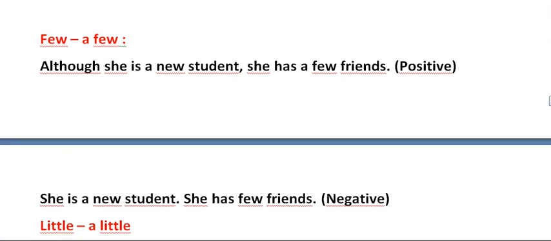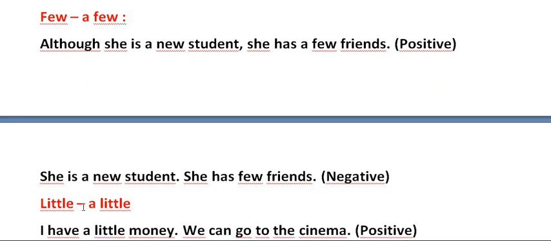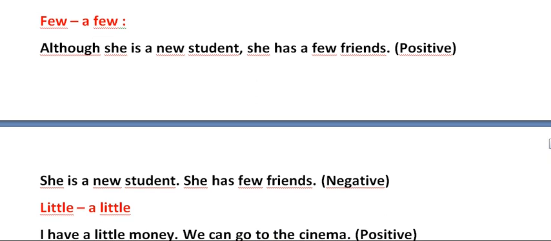And the last thing is few and a few. Sometimes you see few in a sentence, sometimes a few, sometimes little, sometimes a little. It seems like they're the same, but there is a different meaning. If I say, although she's a new student, she has a few friends.